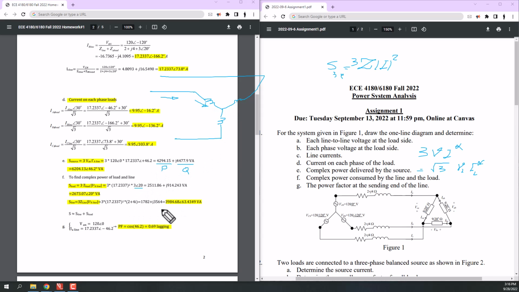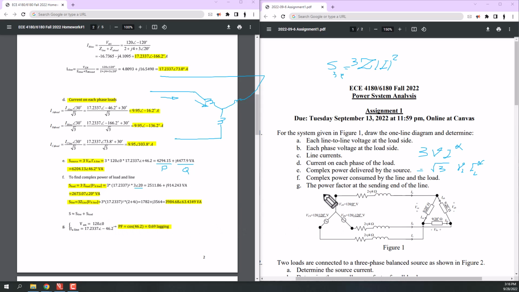The same thing for the transmission line, we have the line impedance and the current, so easily we can also obtain the complex power consumed by the line. And since it is an ideal system, we should expect that the generated power is equal to the consumed power. So the power that we calculated for the source should be equal to the summation of these two powers.